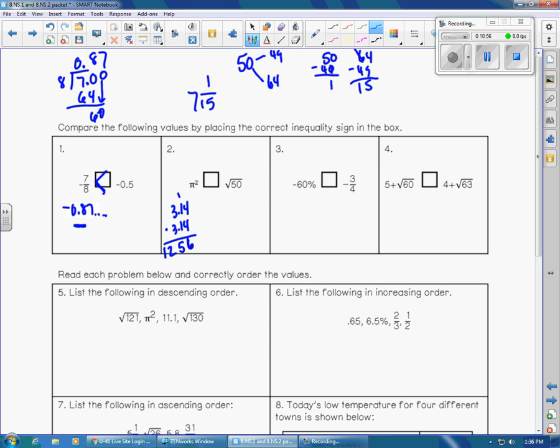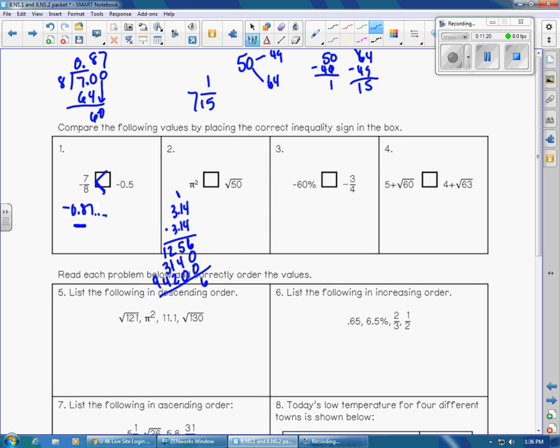Put down the 5. And then 4 times 3 is 12, so you put down the 12. Now I need a 0 placeholder. 3 times 4 is 12, put down the 2, carry the 1. 3 times 1 is 3, plus 1 is 4. 3 times 3 is 9, and now I have to add it all together.